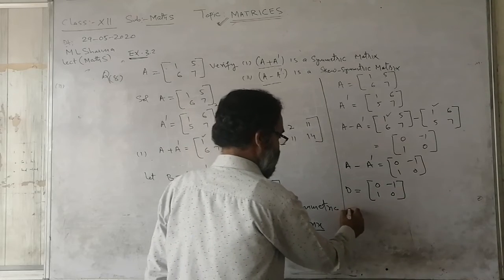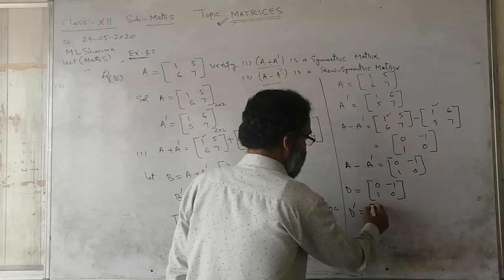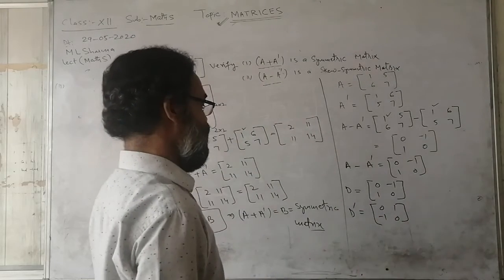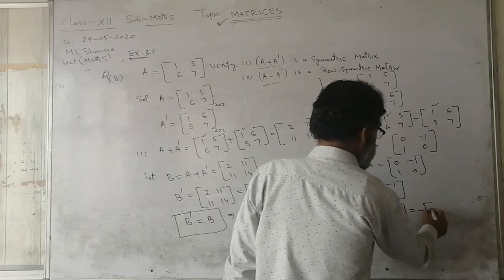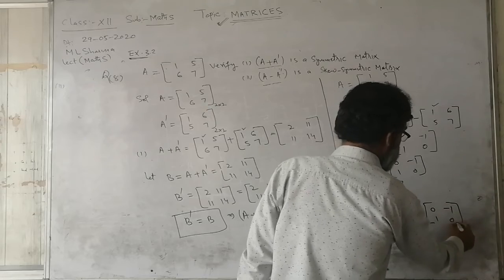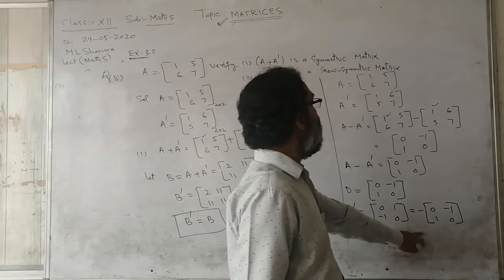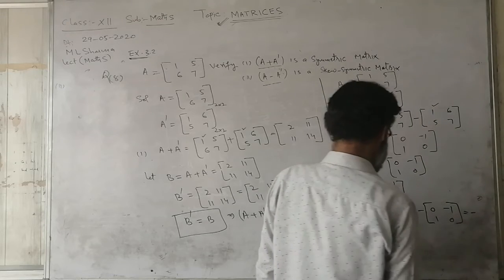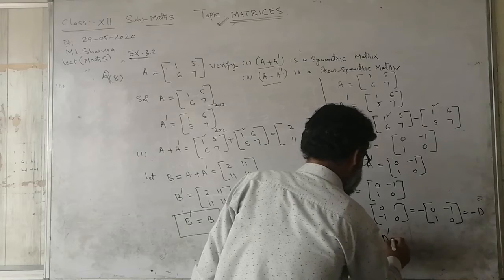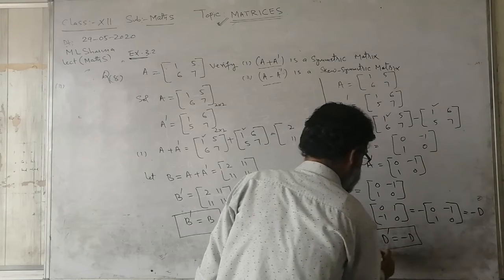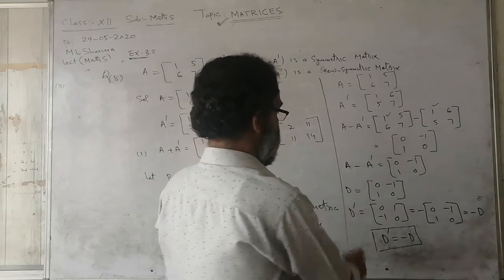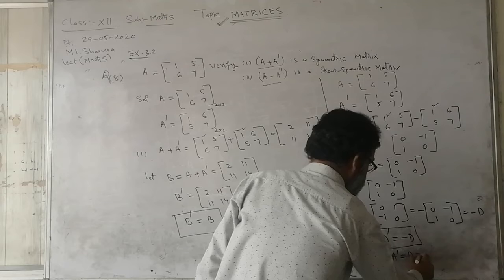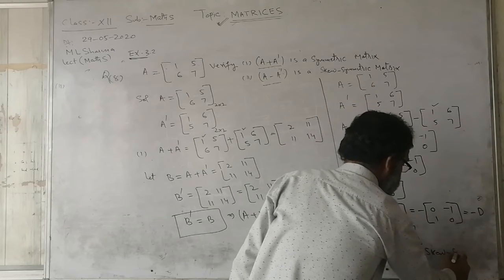If I put this as D matrix and take its transpose, that is D dash, so if I take minus common, they are same, with a minus sign, D. So D transpose equals minus D. So that means the matrix D, which is A minus A transpose, which I had put equal to D, is skew symmetric.